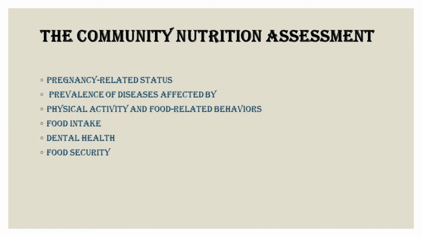A nutrition assessment examines the health and nutrition status of community members, including pregnancy-related status, including pregnancy weight, weight gain during pregnancy and anemia, prevalence of disease affected by nutrition such as diabetes, cardiovascular disease and HIV/AIDS, physical activity and food-related behaviors, food intake such as amount of fruits and vegetables consumed, dental health and food security.